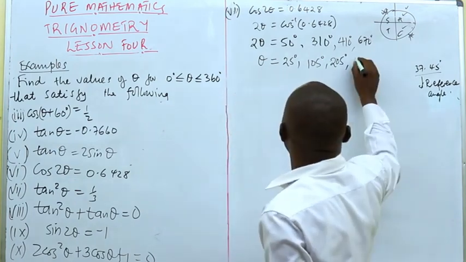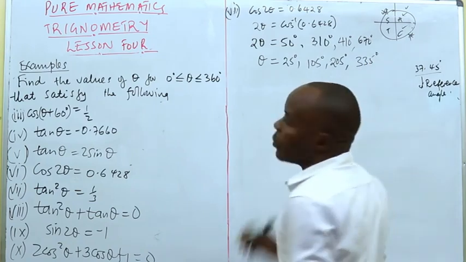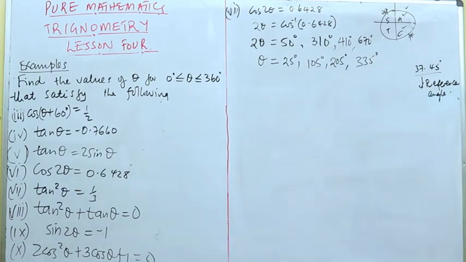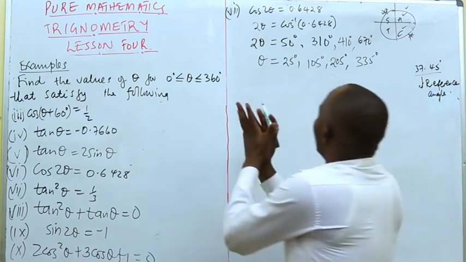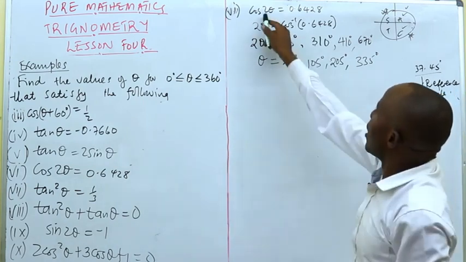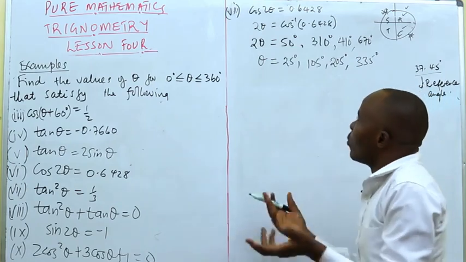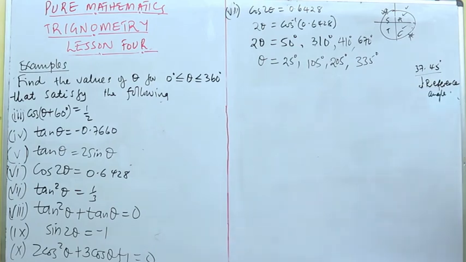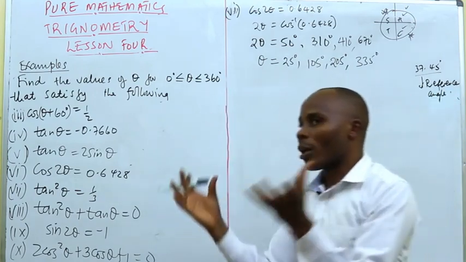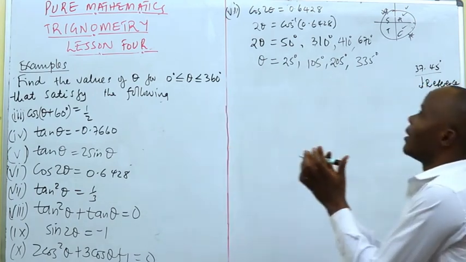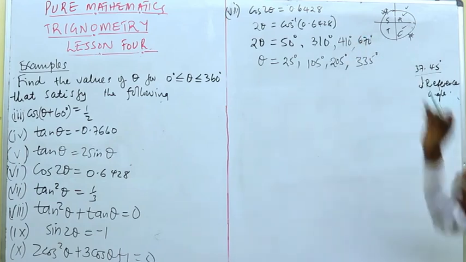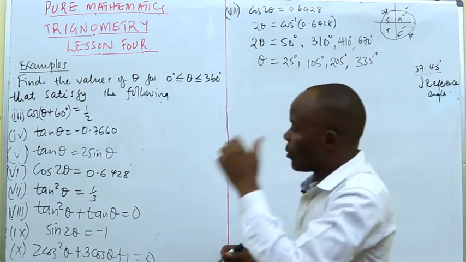This one is giving you 335 degrees. Are you guys following up? So, the idea of 2 theta, there is that one person who would come here and from nowhere divides through by 2. No, don't do that, please. The 2 is part of the theta. So, this is how you're supposed to do it.